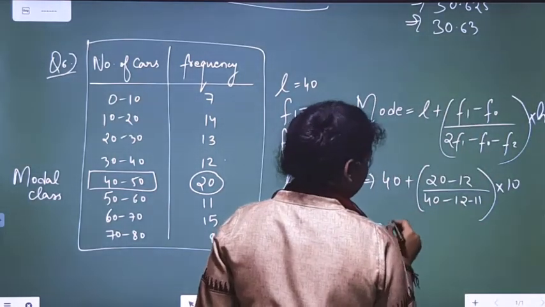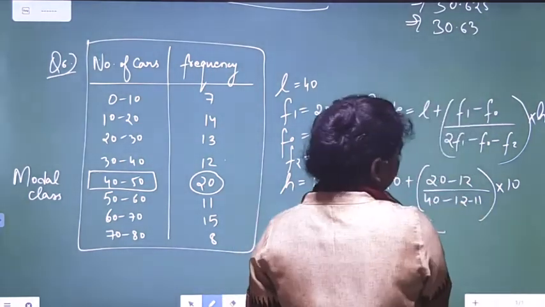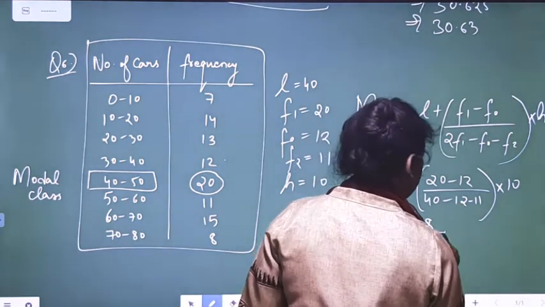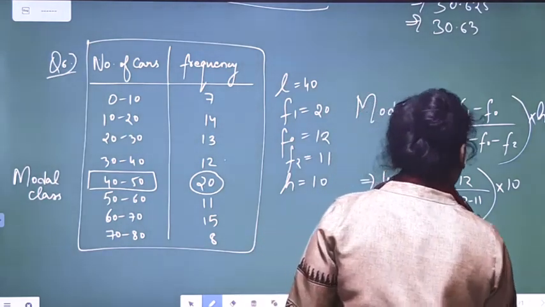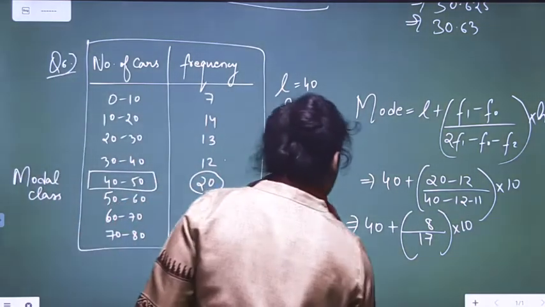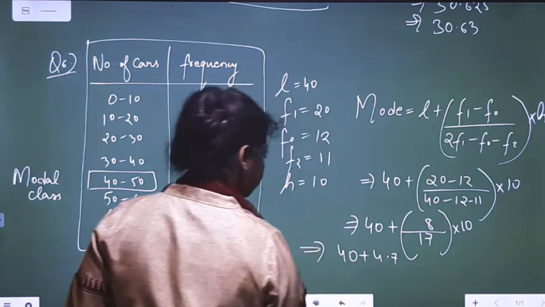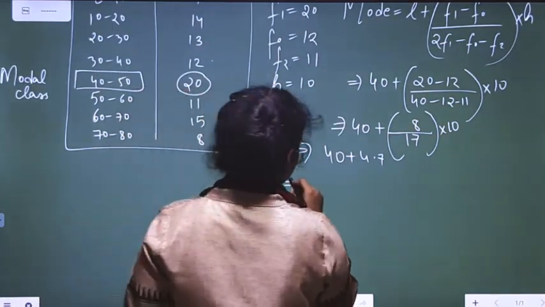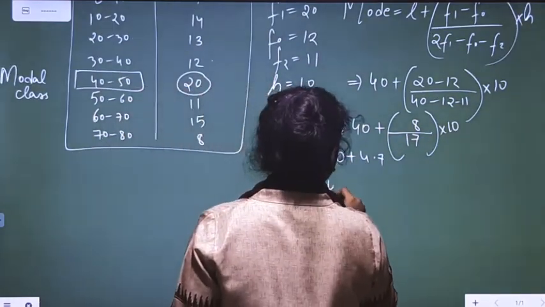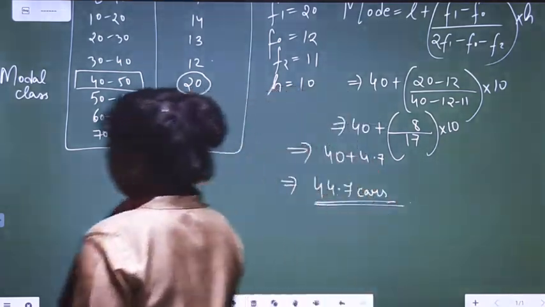Upon solving, 40 plus 8 upon 40 minus 23, which is 17, into 10. We get this value as approximately 4.7 something. So 44.7 cars will be our final answer.